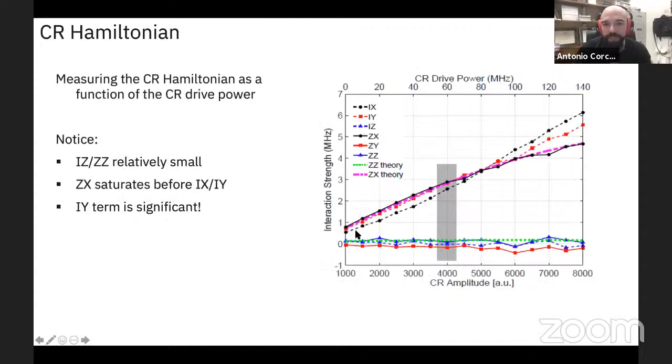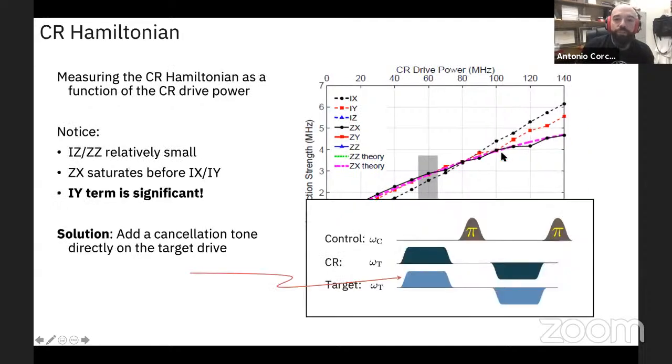In this case, for example, we can see that as we increase the amplitude, this IY keeps increasing, and what we can do to fix that is to add a concurrent pulse to the target that will cancel that IY term.